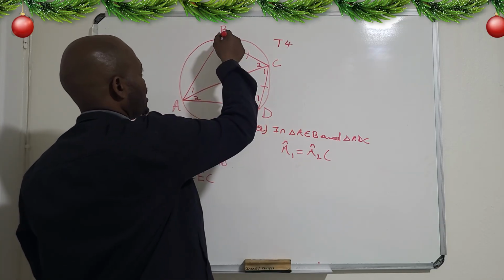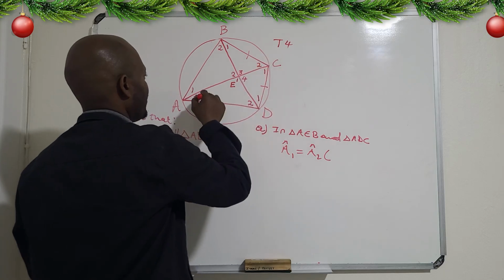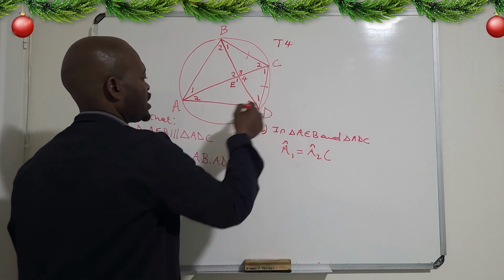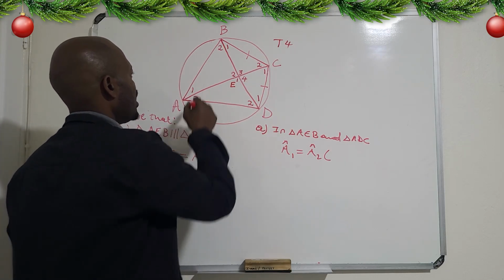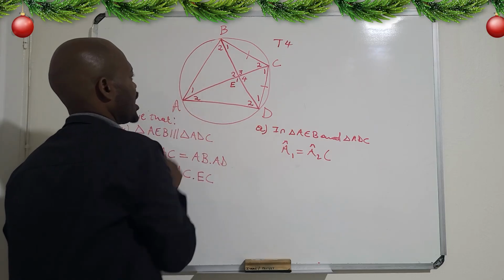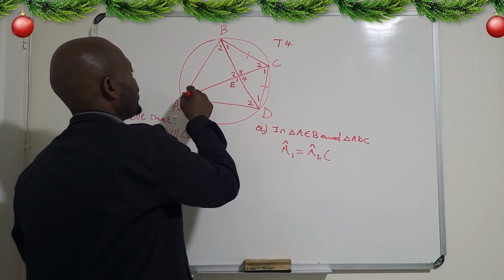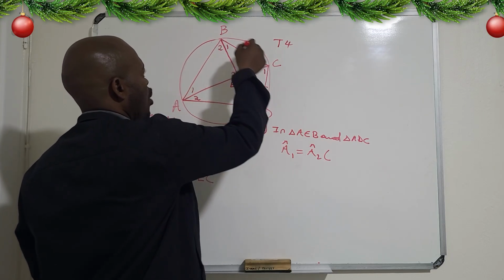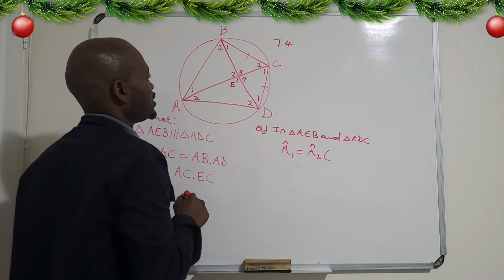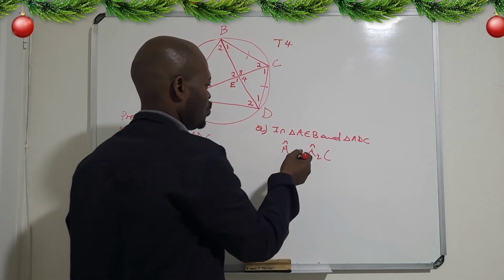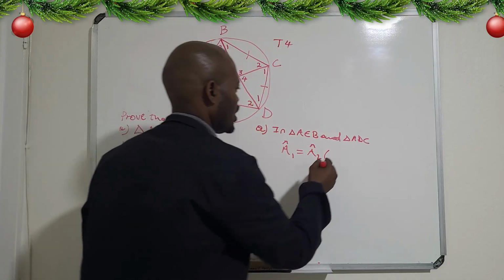This angle is opposite this length. This angle is also opposite that length. Therefore, this angle is equal to that angle since they are opposite equal lengths. Therefore, angle A1 is equal to angle A2.